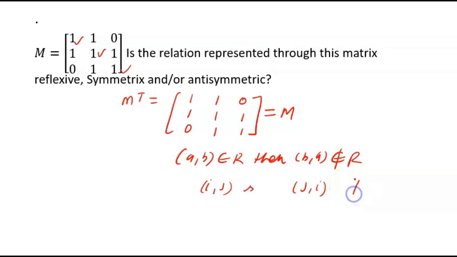But here you have seen that the element in the second row and first column, if I call this position the 2 1 position, I hope you understand this, second row and first column, right? So this is the element in the second row and first column. And if I look at this element which is there in the first row and second column, both are equal to 1. So that is why it is not anti-symmetric.